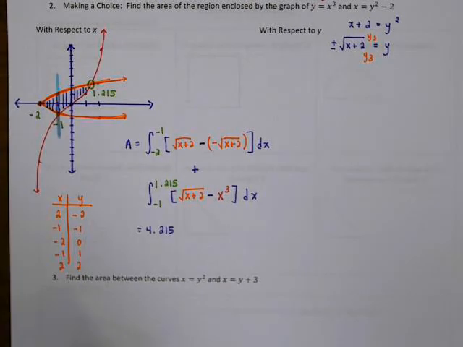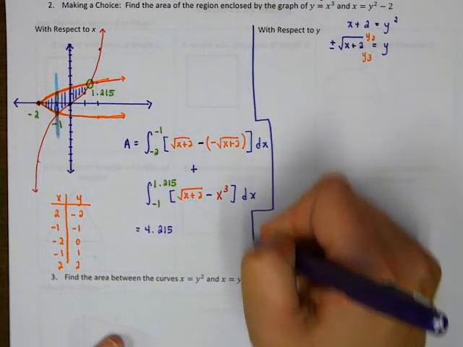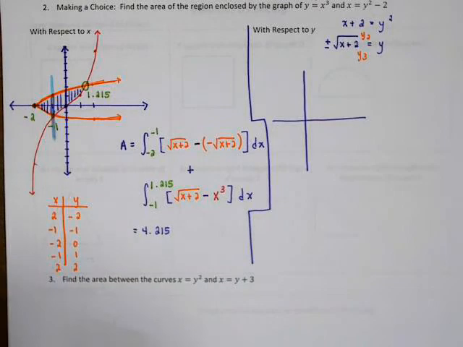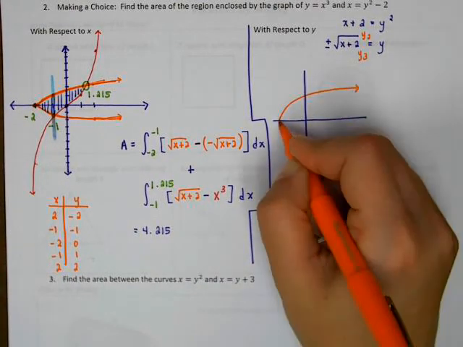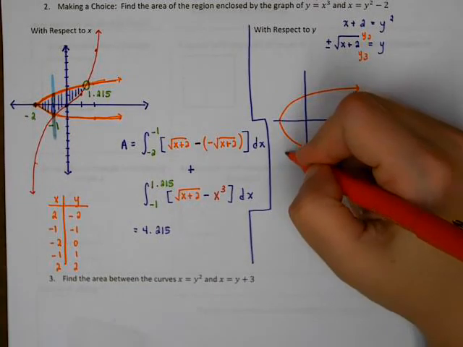Let's think about doing the same problem, but now with respect to y. If I sketch the same picture, and I'm not going to be quite as precise this time because we kind of know what it looks like now, we've got this guy, this guy, and this guy.